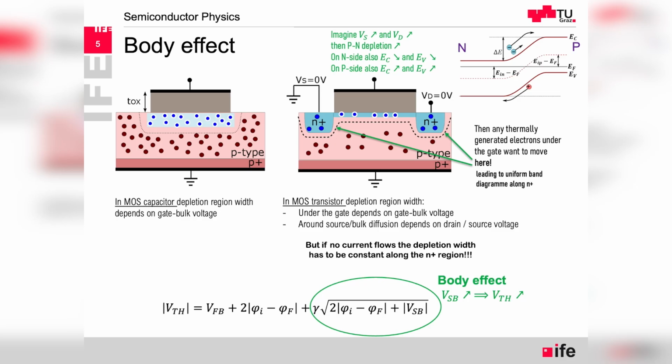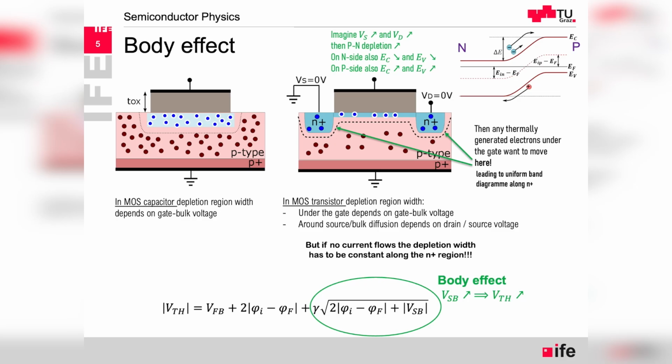That means the band diagram, which you can see in the top right corner, is bent more and more between P and N. There is a higher difference in the energy levels. So the conduction and valence bands on the N side are going down with respect to the P side. And this is the band diagram only close to source or close to drain.